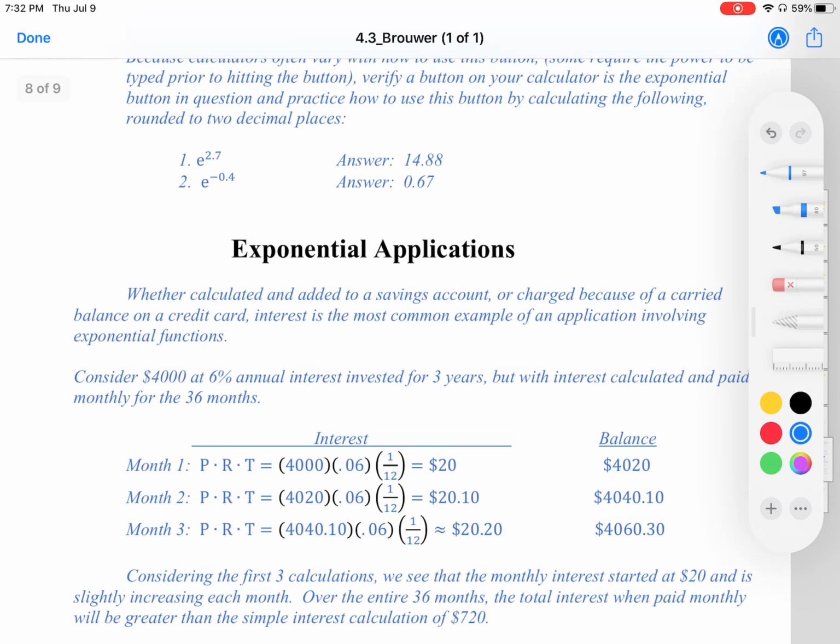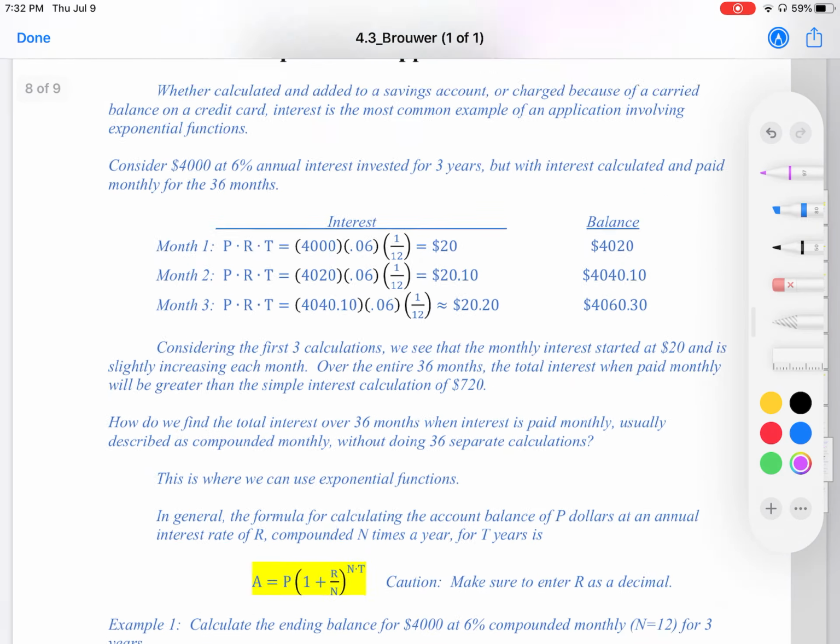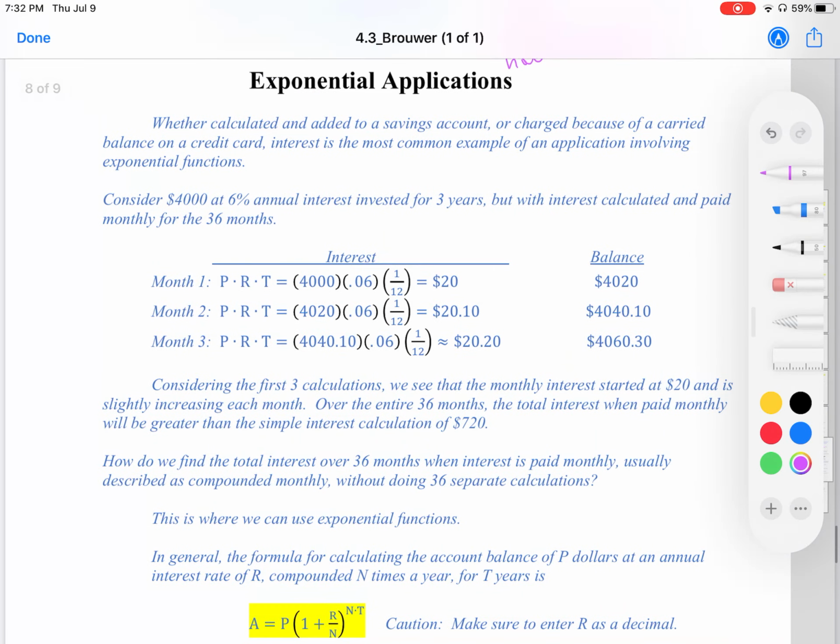And just to make sure you can punch in these values and get the appropriate answer. If you can't find how to do these on your calculator, you can always YouTube your calculator and how to type in e. I mean, there's so much on YouTube already on how to punch things into your calculator. Feel free to take a look.